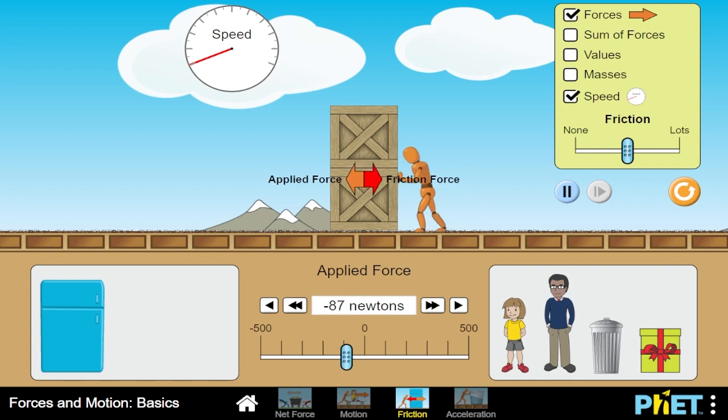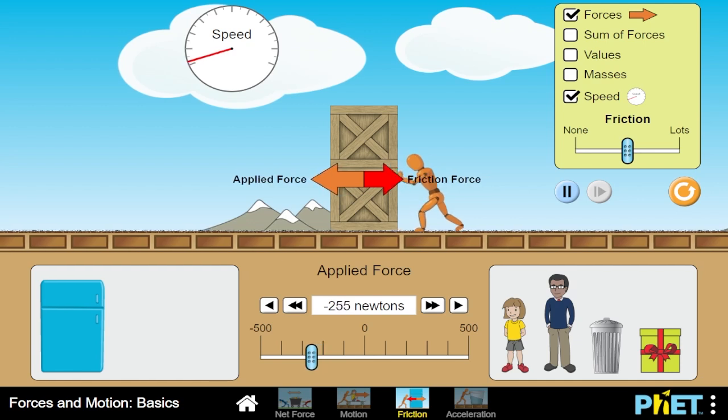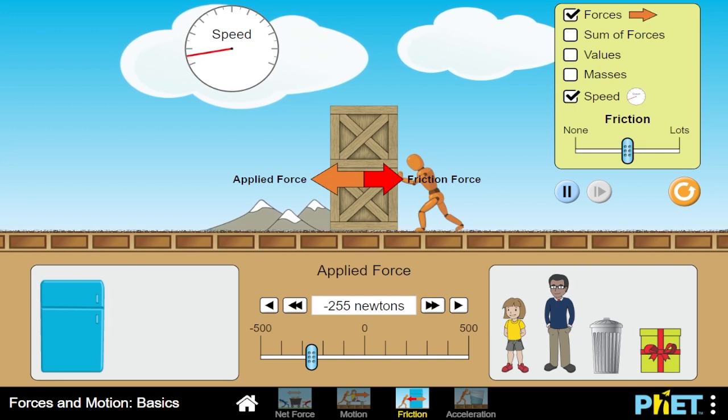But what you'll notice here is eventually when this crate starts moving, if you pay close attention to the friction force arrow, even though the applied force is always growing, at some point that friction force is going to stop growing and it's going to shrink, not a lot, but it's going to shrink instantaneously. And it should happen right about here. There it goes. It jumps down.